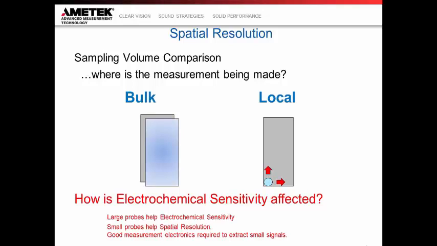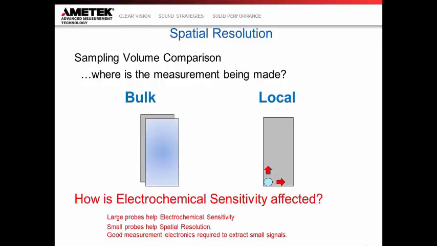Anything on my metal that's wet is being measured. Contrast that over on the right-hand side with the local measurement. Where is the measurement being made? Since it's being made at the probe, it's only measuring a subset of that large sample surface. So we'll think a little bit about electrochemical sensitivity and spatial resolution and how they're both very important, but how they generally fight each other.